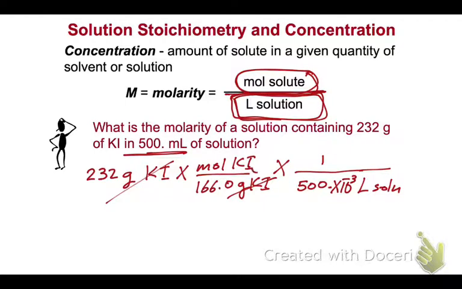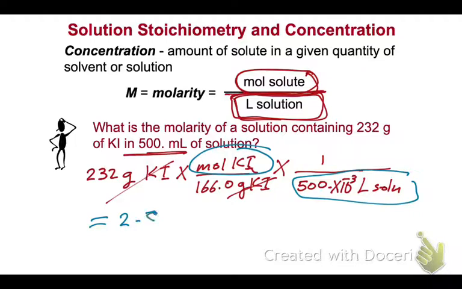So if this is here, what's left, guys? I'm going to highlight it. If you look at what's left in your equation, the moles of potassium iodide, the units that didn't cancel, over the liters of solution. So that should give you the molarity. You should keep 3 sig figs. The answer will be 2.7.